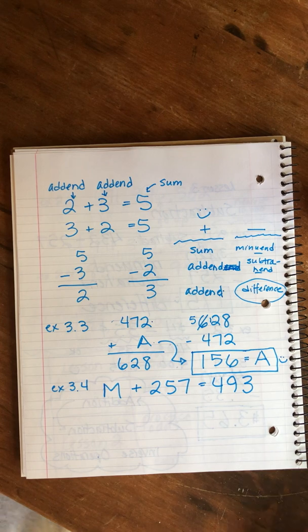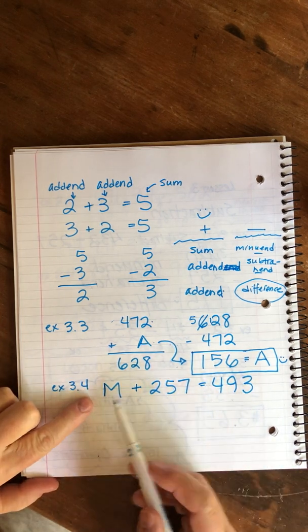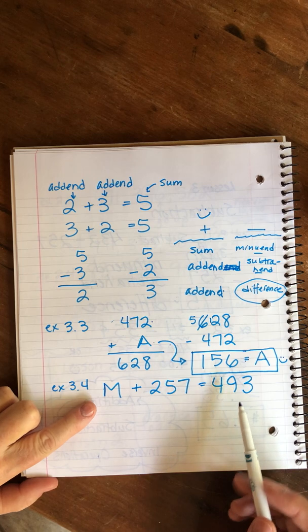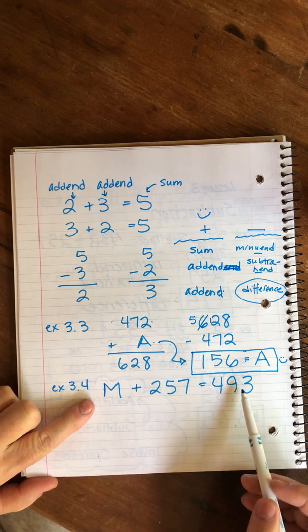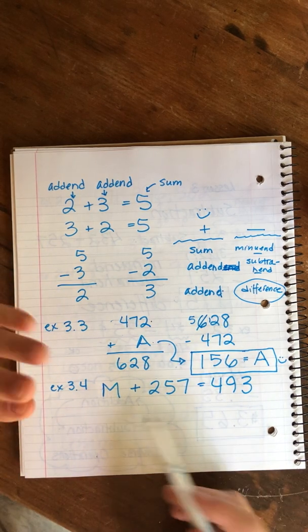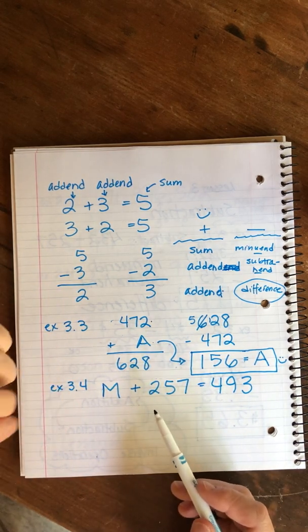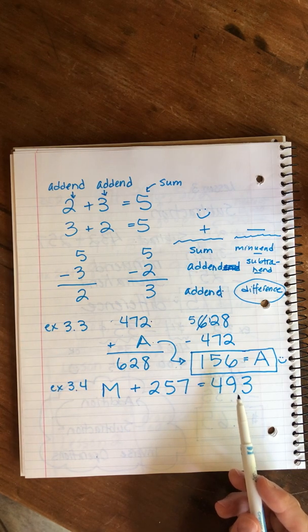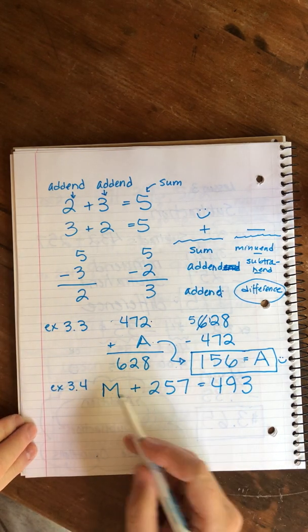We'll go right to the good stuff. Okay, so this is how it's written in the book. Some number plus 257 equals 493. So we go, okay, addend, sum. We're going to do a subtraction problem. Again, what we're using here is the fact that these guys are inverse operations. So we can use them backwards to solve a mystery.